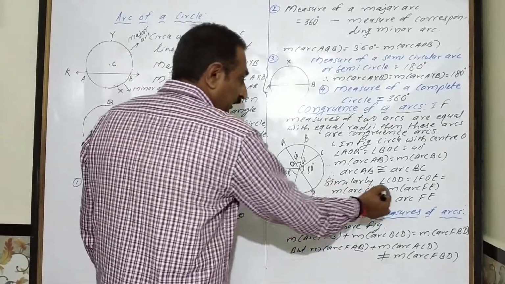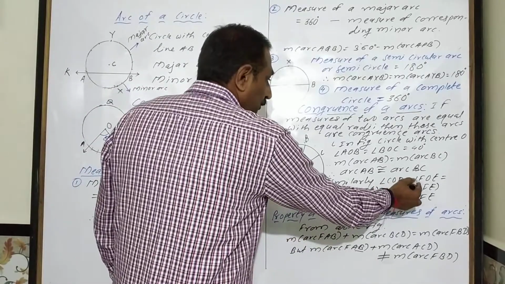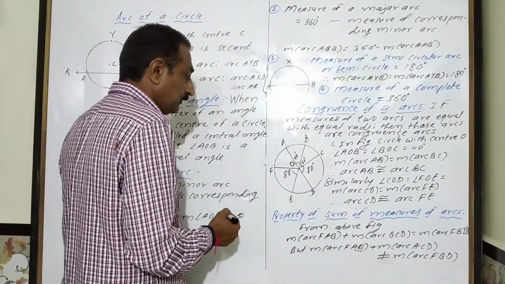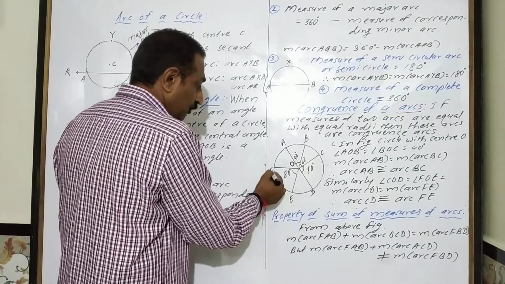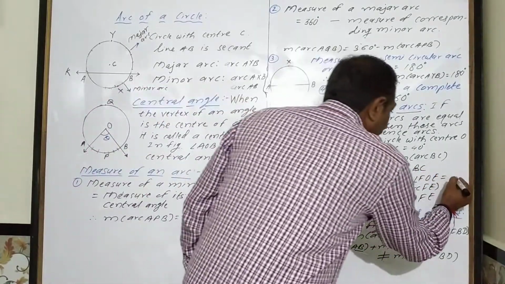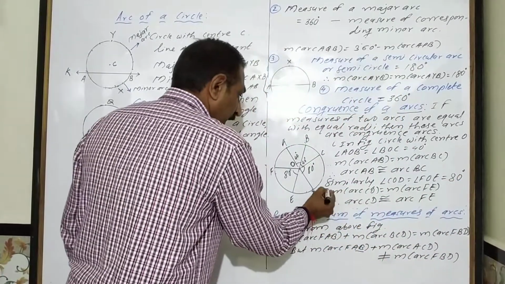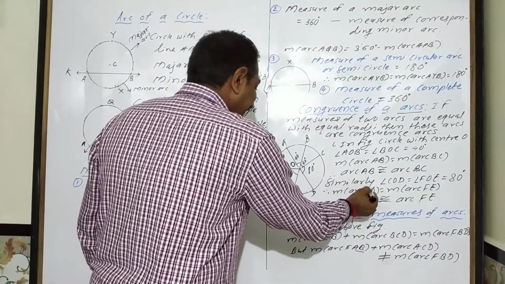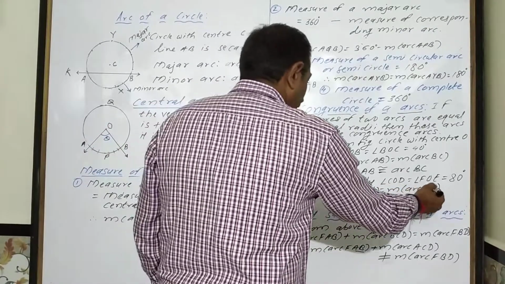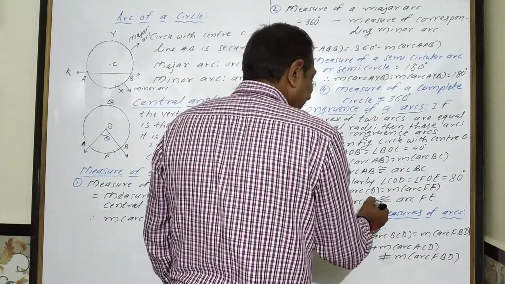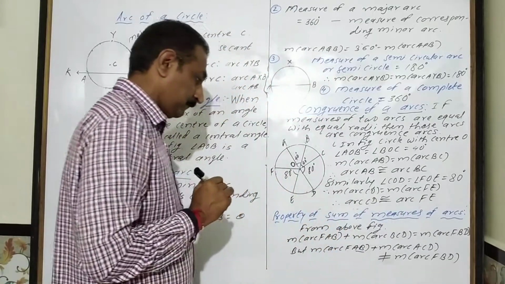I write in this way: angle COD is equal to angle FOE is equal to 80 degrees. Hence measure of arc CD is equal to measure of arc FE. Therefore arc CD is congruent to arc FE.